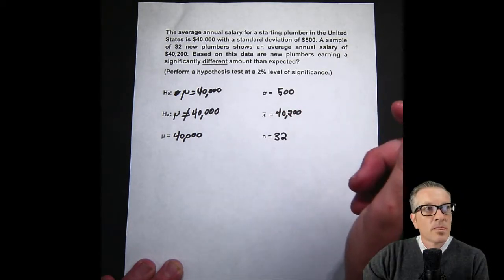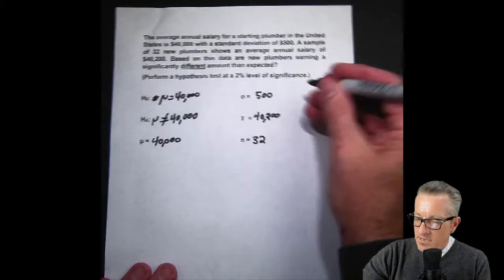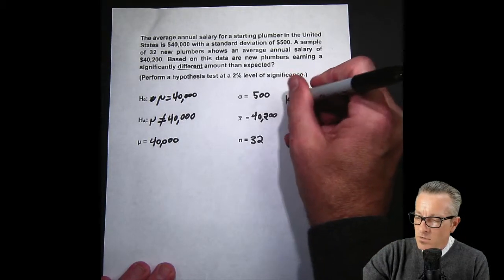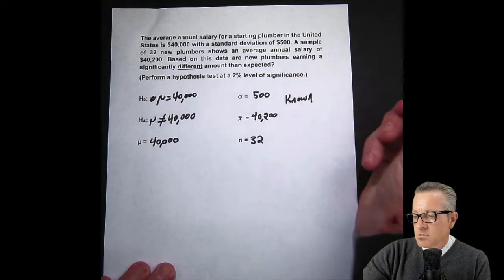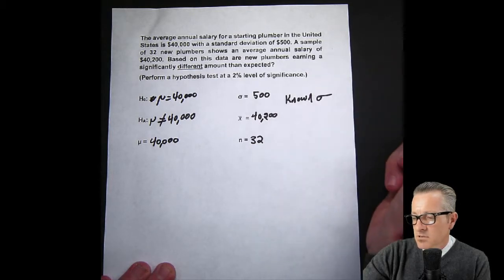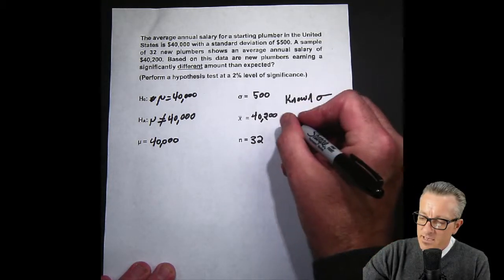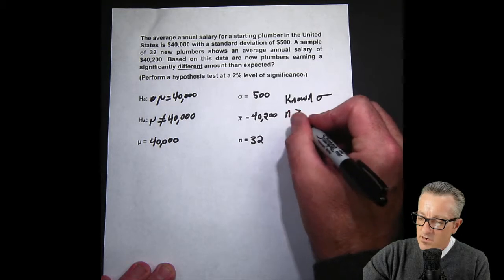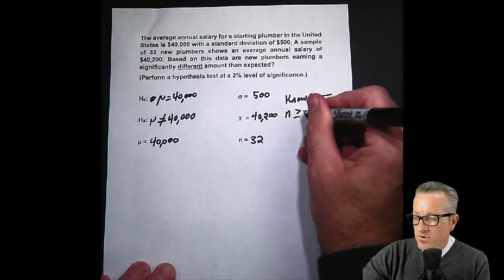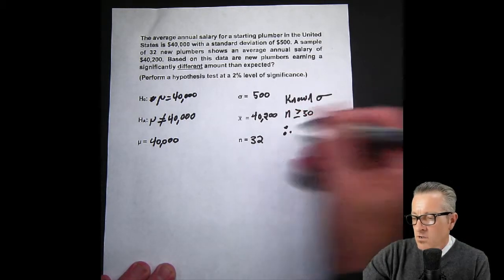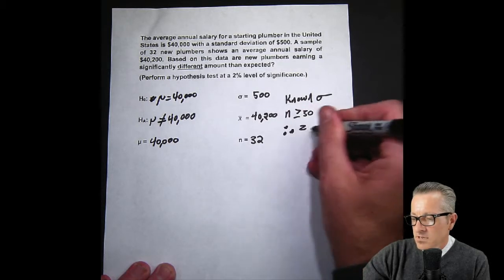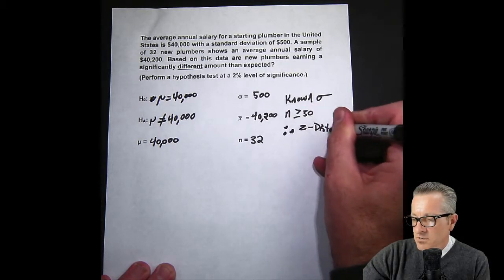Okay, so similar to last time, we have a known sigma, and we have n is greater than or equal to 30. Therefore, we will use the z distribution.